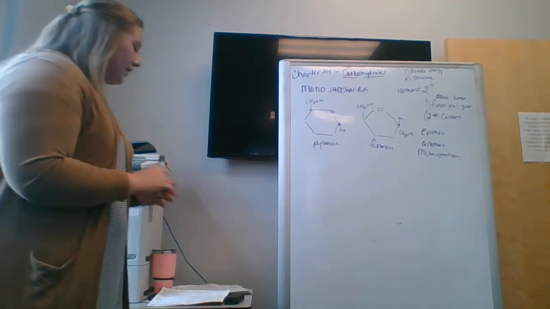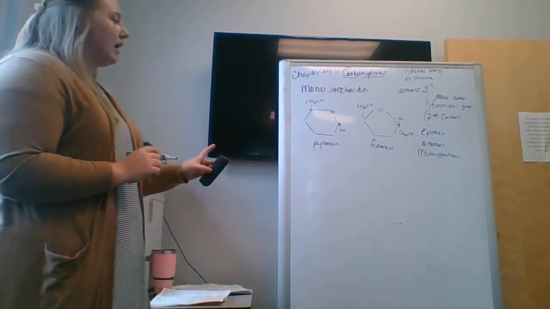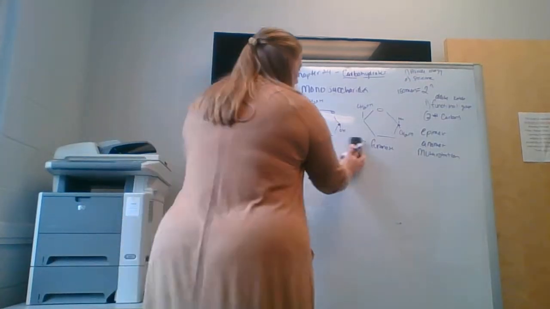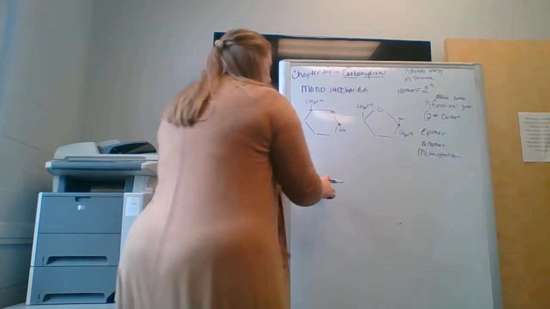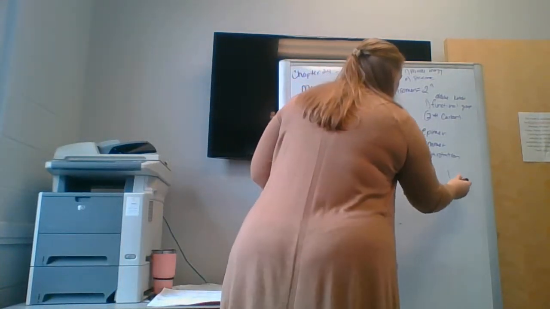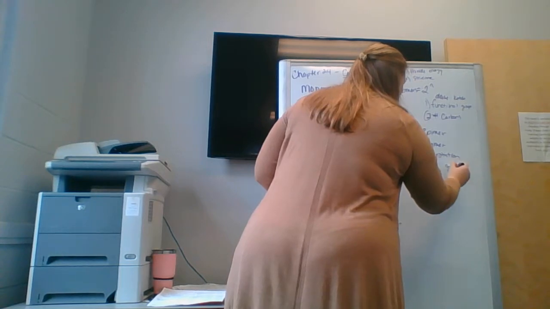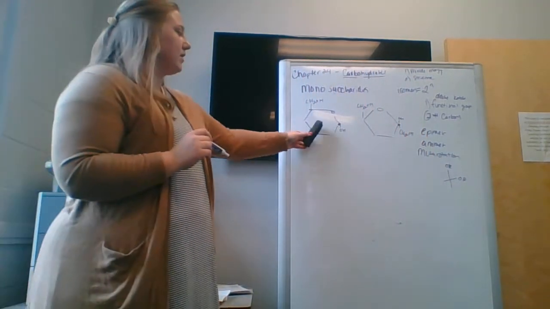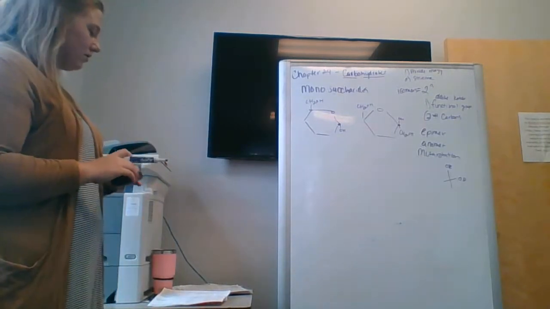So there is a way for us to essentially close this ring and keep it from opening. To do that, we have to acetylize it. Remembering that acetal, that's essentially what we're doing. We're going to convert this hemiacetal to an acetal, and there's really two ways to do that.